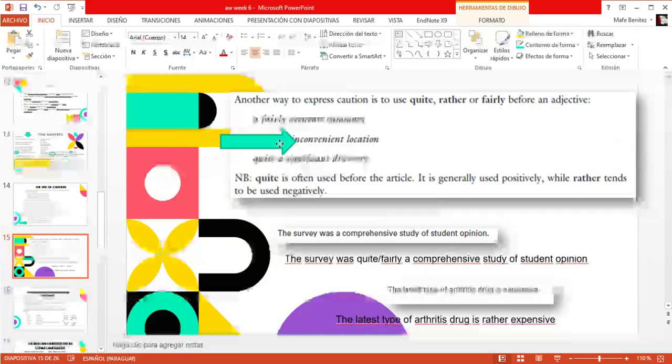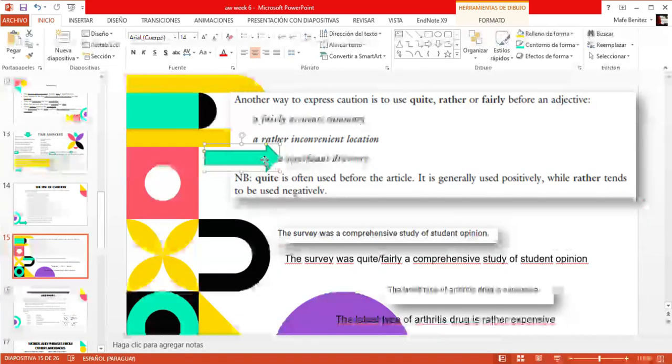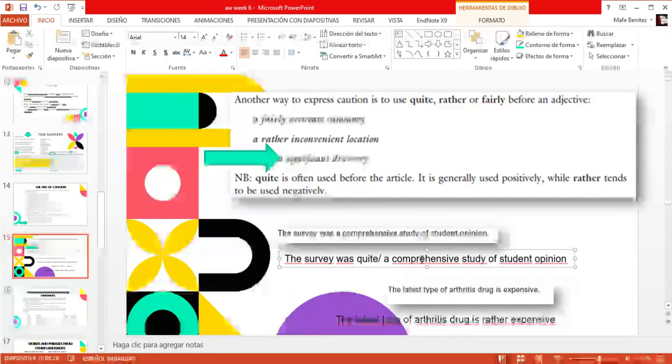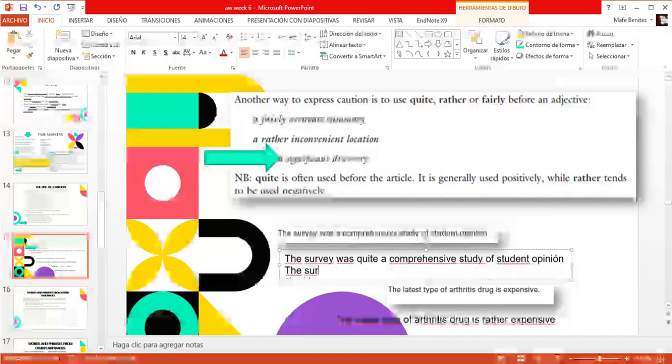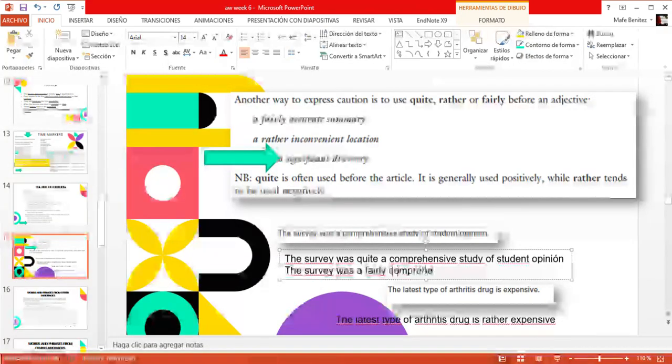Don't ever forget that, except for quite. Quite comes before the article. So that means this: fairly, quite a comprehensive study. If I use fairly, it should be the survey was a fairly comprehensive study. Okay.